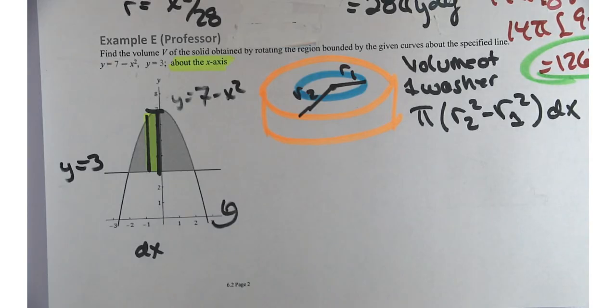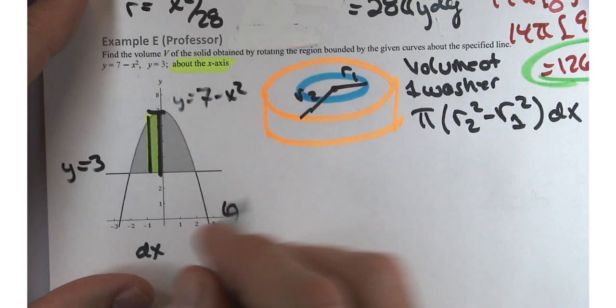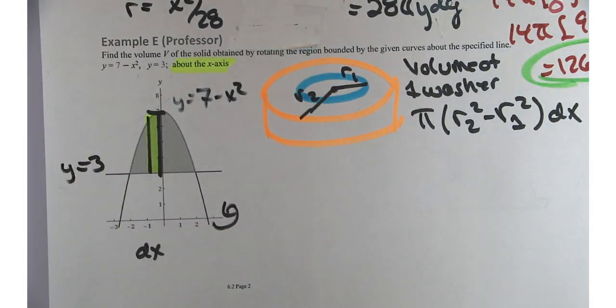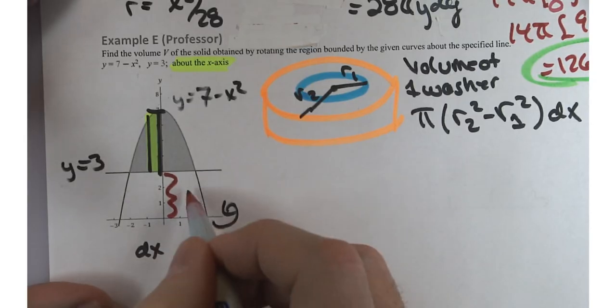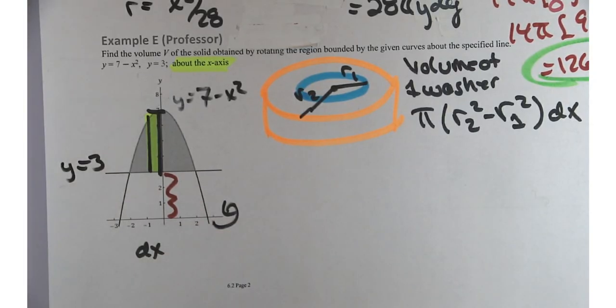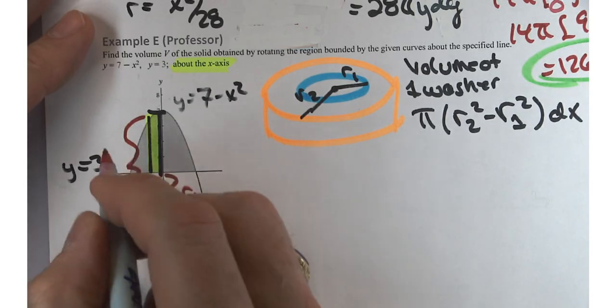Okay, so let's take a look here. We need some expressions. This first one, should I label that R1 or R2? R1. And the outer one, that's going to be our R2.